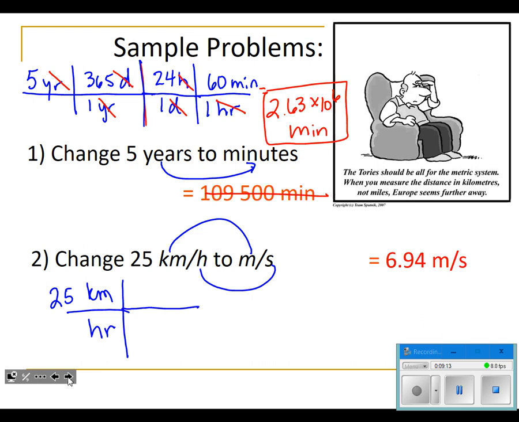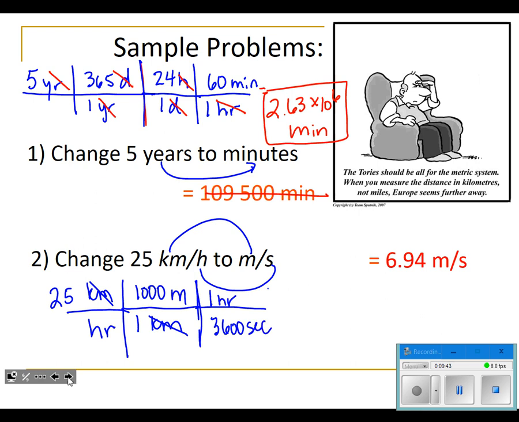So I'm going to do my kilometers first. For every 1 kilometer, there's 1,000 meters, base unit wise. So then my kilometers cancel out. Then I'm just going to keep going. And for every 1 hour on top, I have 60 minutes. And actually, I'm going to do something real quick here. I also know that for every 1 hour, there's 3,600 seconds.